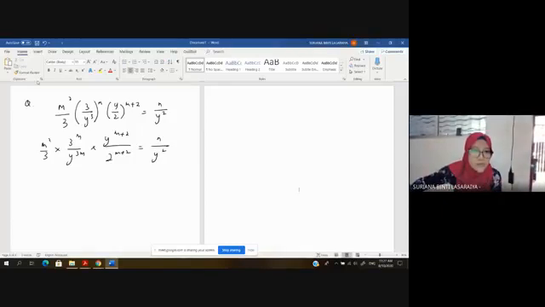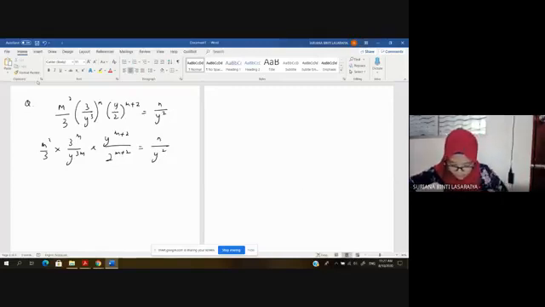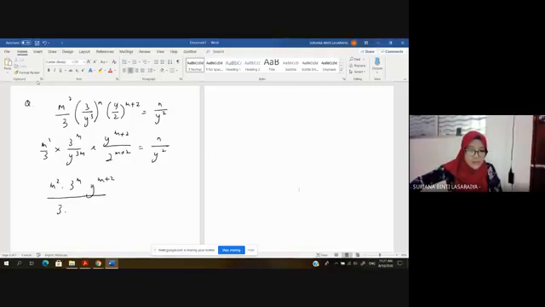So m square, 3 and 3m. Betul lah ni jalan kerja dia ni. M square, m square dot dengan 3m dot dengan y m plus 2 kita boleh combine. So 3 dot y, 3m dot 2m dot 2.